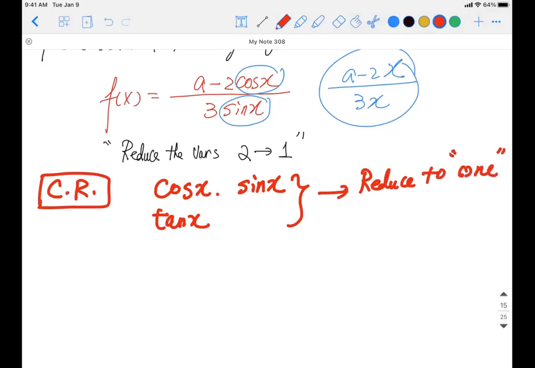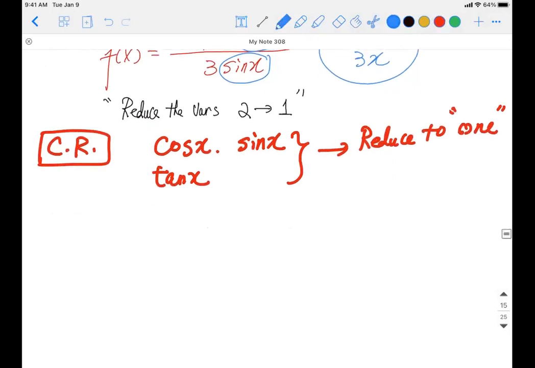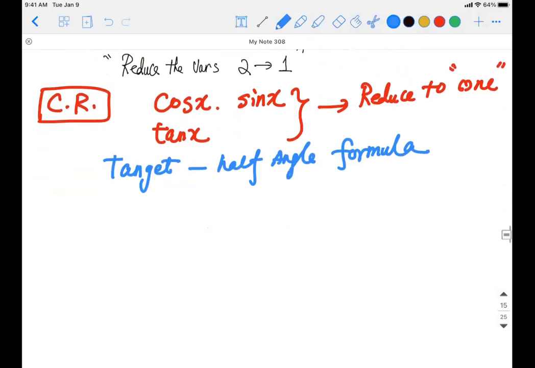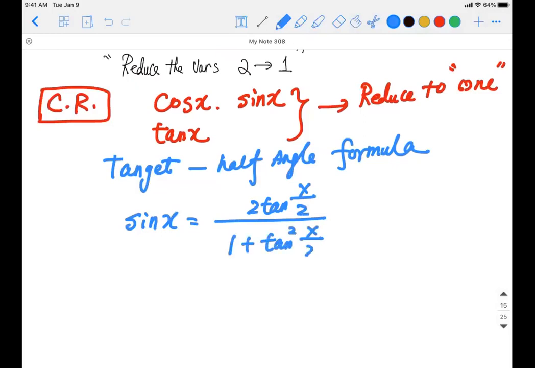There is a very important formula you need to remember. That's the famous, we call it, tangent half angle formula. What is that? Sine x can be written as 2 tangent of x over 2, over 1 plus tangent squared of x over 2.